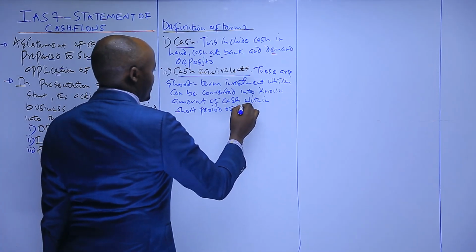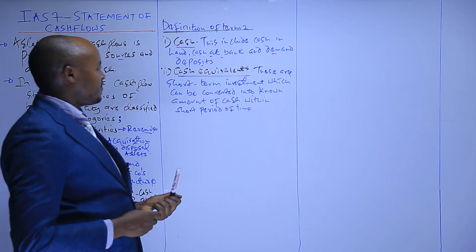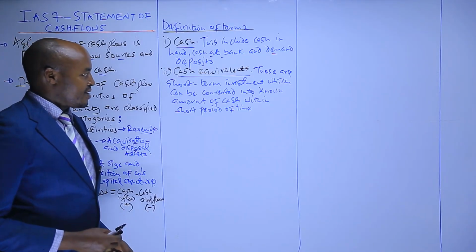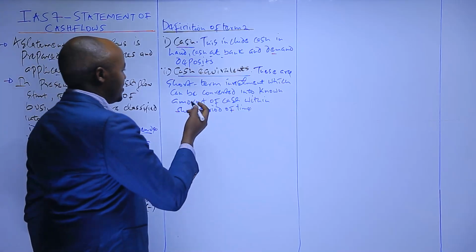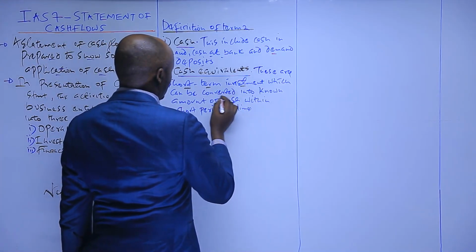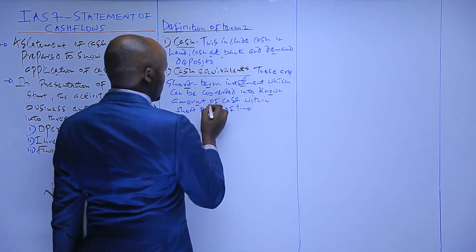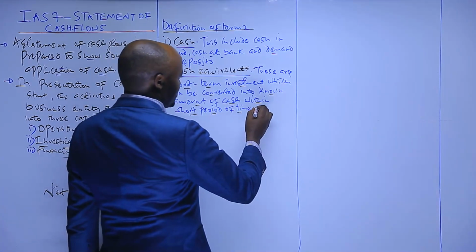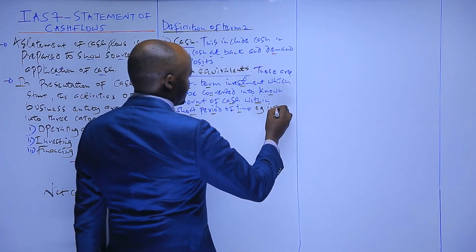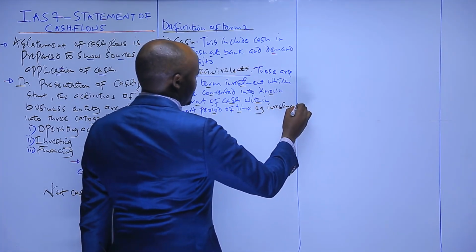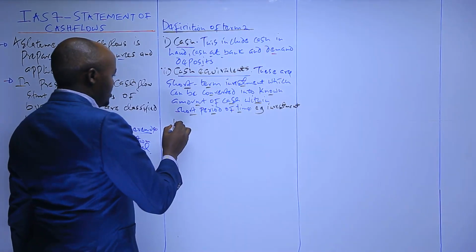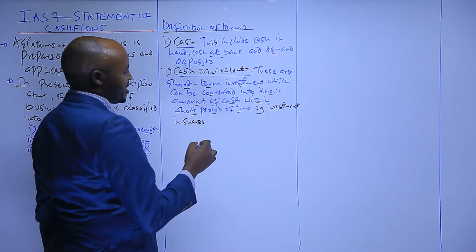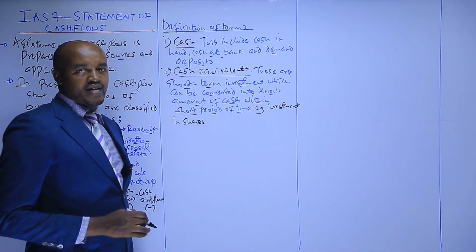Now, what is a good example of a short-term investment which can be converted into a known amount of cash within a short period of time? A good example of this is investment in shares which are trading in the securities exchange market.